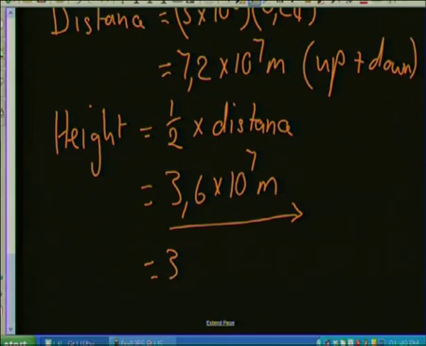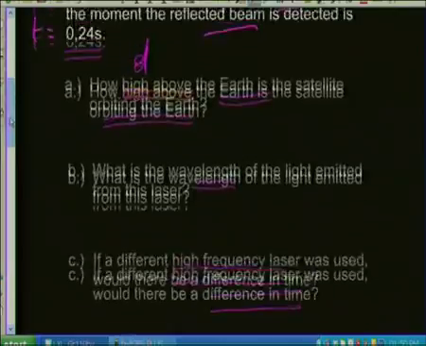If we even divide it by 1,000 to get it into kilometers, and we can do that, that would give us 3.6 times 10 to the 4 kilometers. So it's telling us it's about 36,000 kilometers above the Earth. That's a huge amount. So you've really got to know your stuff and recognize this is where those satellites are in geostationary orbit above the Earth. And that's about right. Very good.